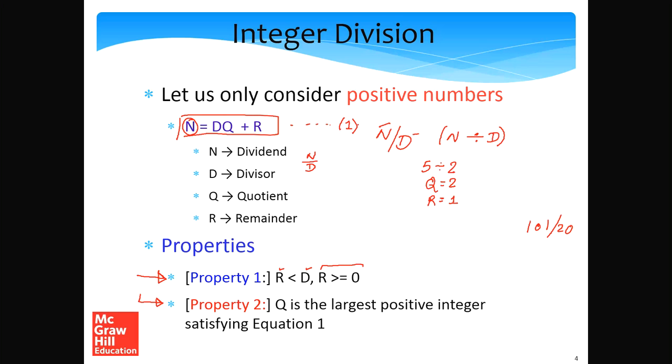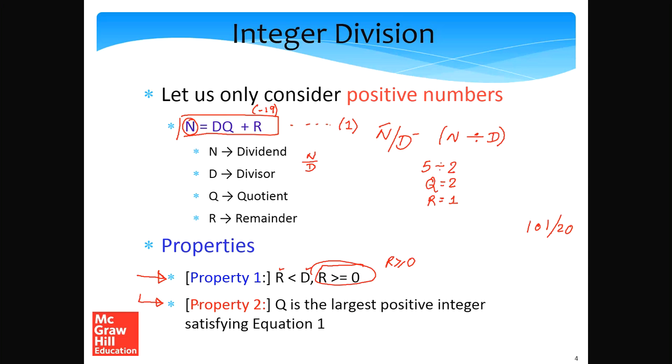Why is this the case? Because 5 times 20 is 100 plus 1. 6 will not do, because if I have 6 times 20, then dq will become 120, so r has to be minus 19. But from property 1, we understand that r is always greater than or equal to 0, so it cannot be negative.